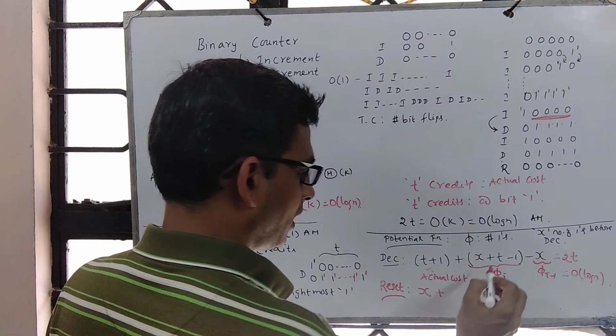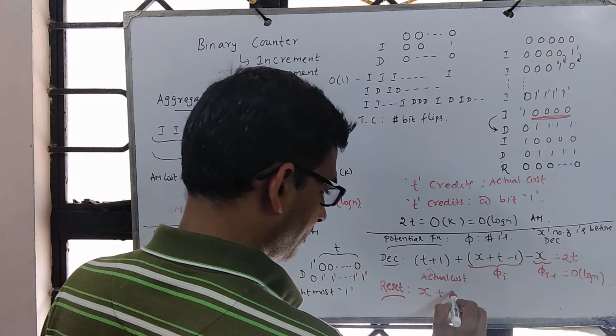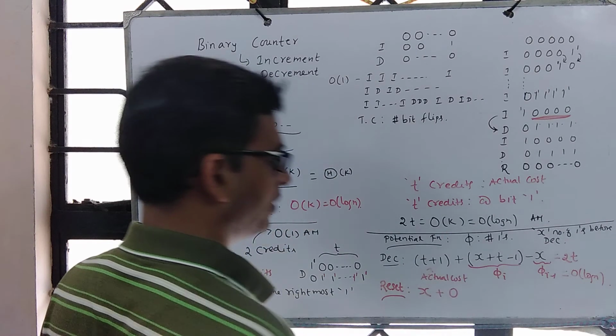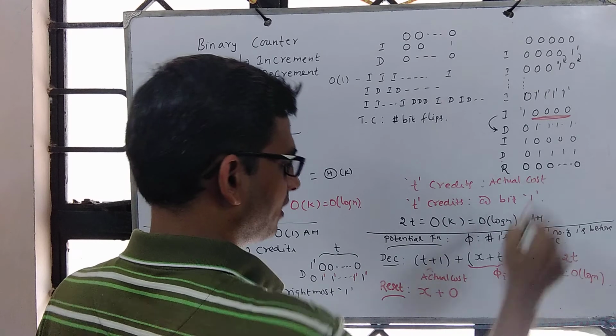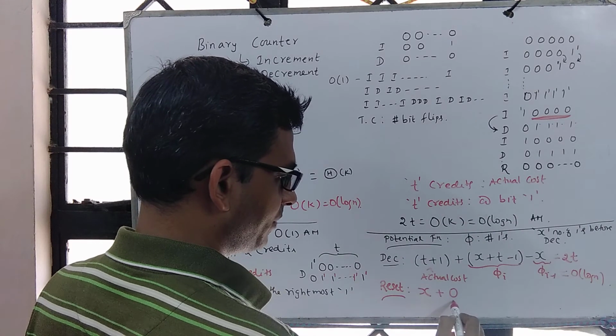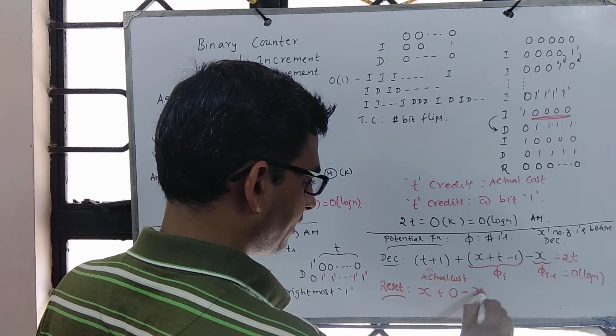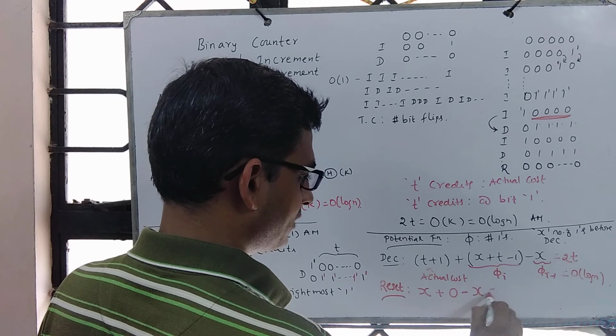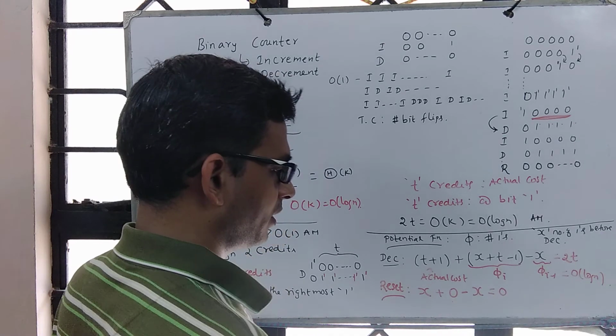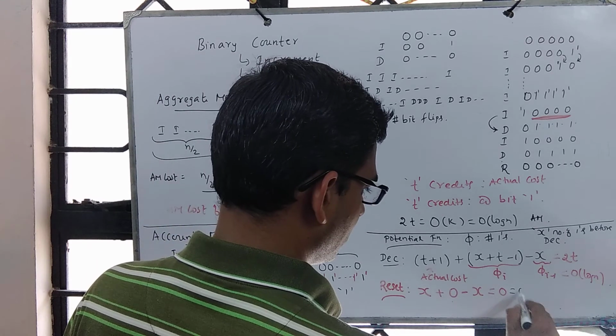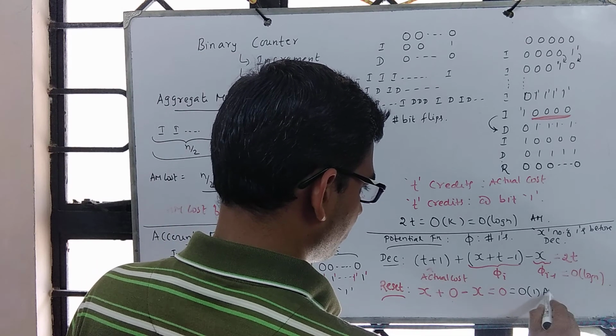No. And how many ones are there? We will not see any ones because all ones disappear. So the number of ones after the operation is 0, and the number of ones before the operation is x. Correct? So we get 0, which means it is constant amortized.